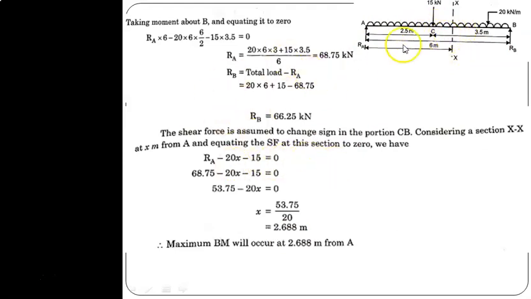So first we have to guess where the shear force changes its sign. Under this point we can find the maximum bending moment.